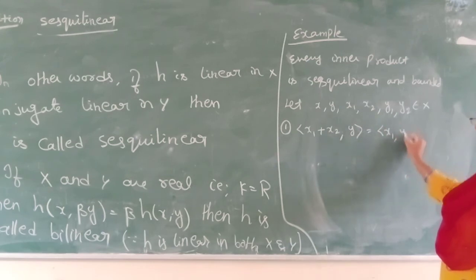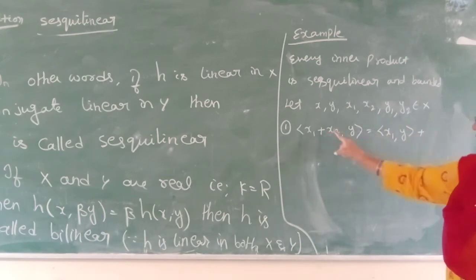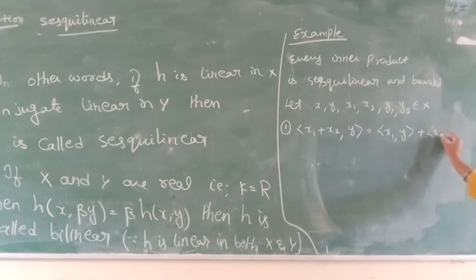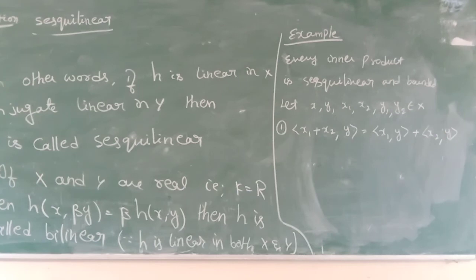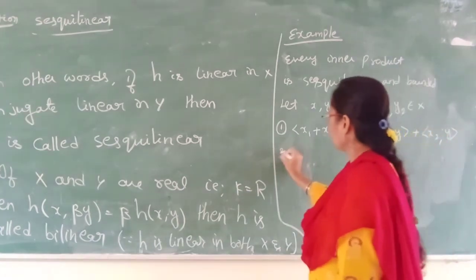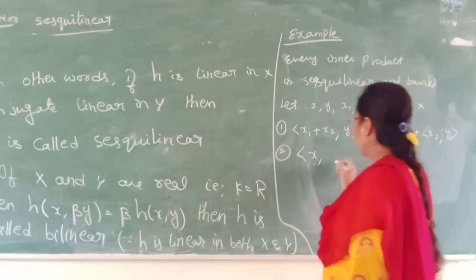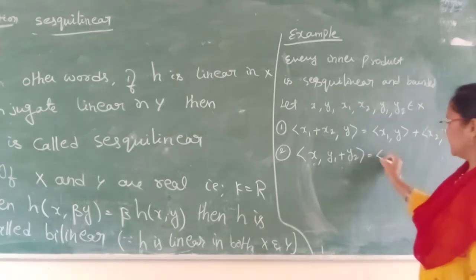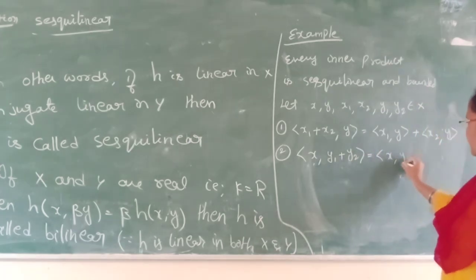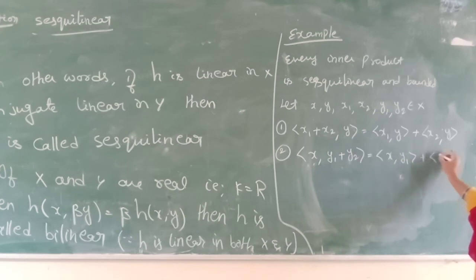Inner product of x1 comma y plus inner product of x2 comma y. This is the same thing as the sesquilinear definition, first point, right? Next, second point is inner product of x comma y1 plus y2. It can be written as inner product of x comma y1 plus inner product of x comma y2.